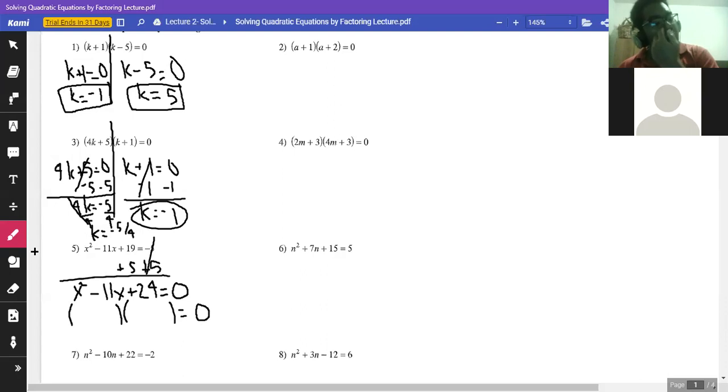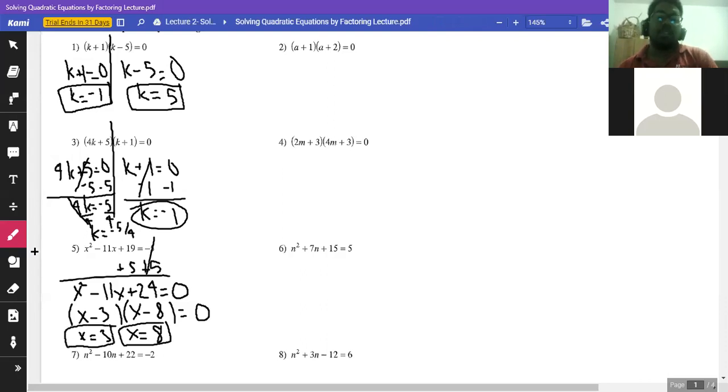So I'm trying to find two numbers that multiply to be 24 and add to be -11, which would be -3 and -8. So x minus 3 and x minus 8. So then we get that x is either equal to 3 or x is equal to 8. And I'm done.